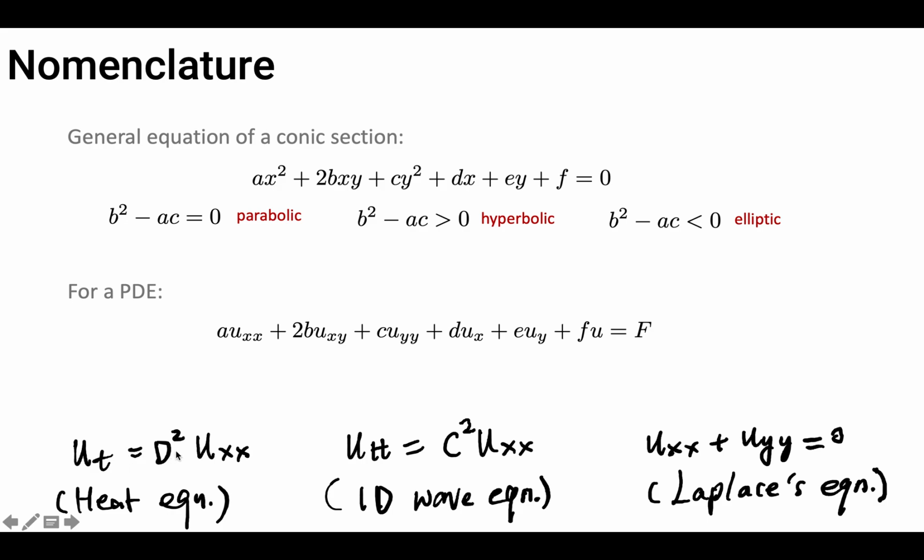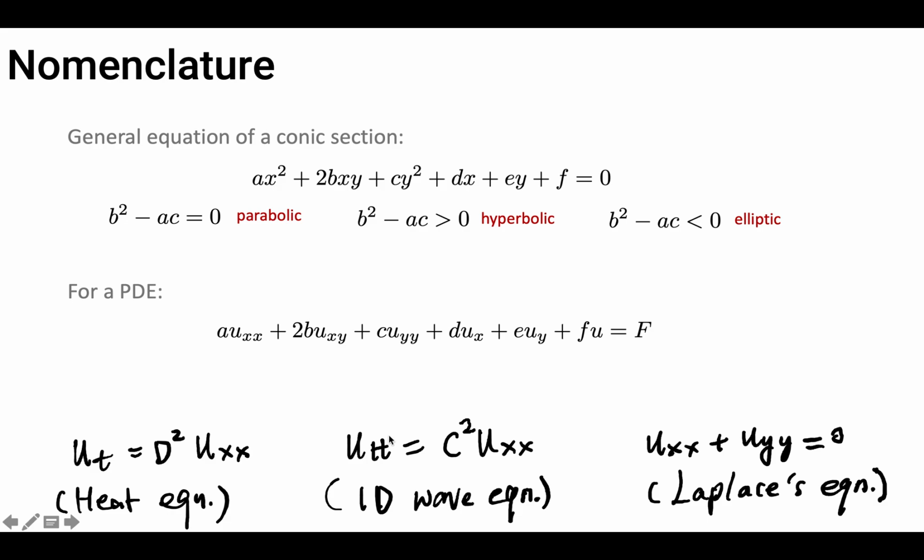So we don't have mixed terms, so b is 0 in this case, and we also do not have utt, so c is 0. And if b and c are 0, then b squared minus ac is equal to 0. So this is a parabolic equation.